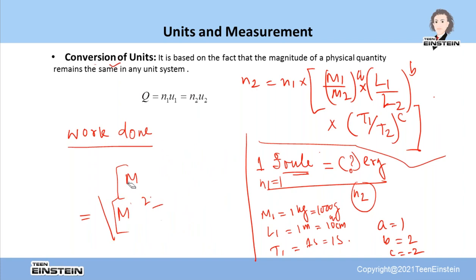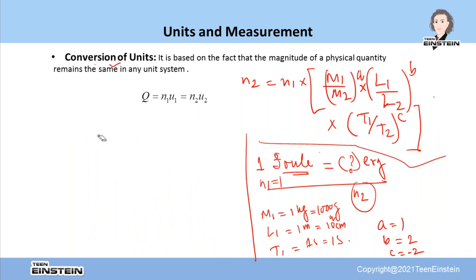Now I am converting it by using the formula which I have written on top. I have to find out the multiplicative factor in CGS.